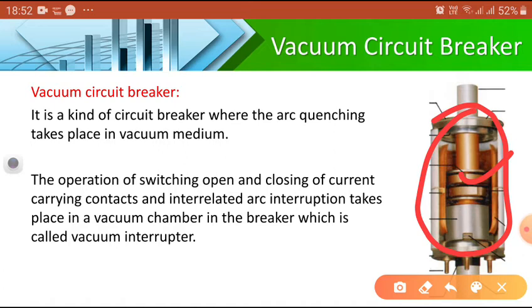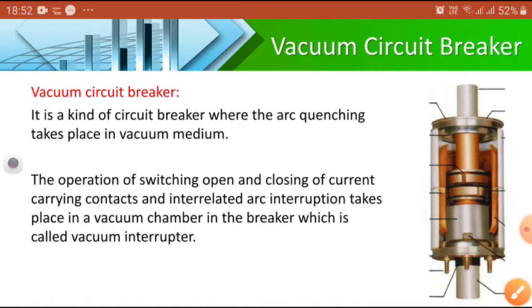Let us first see the definition of a vacuum circuit breaker. The vacuum circuit breaker is a kind of circuit breaker where the arc quenching takes place in a vacuum medium. Definition: the arc quenching takes place inside a vacuum medium.